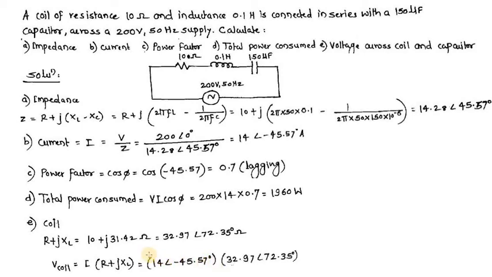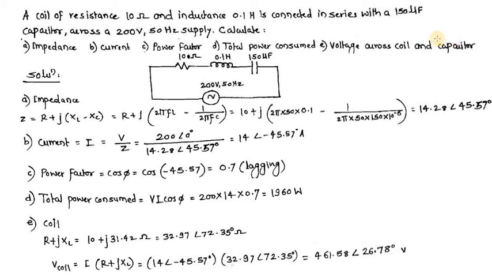I multiplied the value of I substituted with the value of R plus jXL for coil. When I use the calculator to do this multiplication, what I get is this. So voltage across coil will be 461.58 at an angle of 26.78 degree volt.